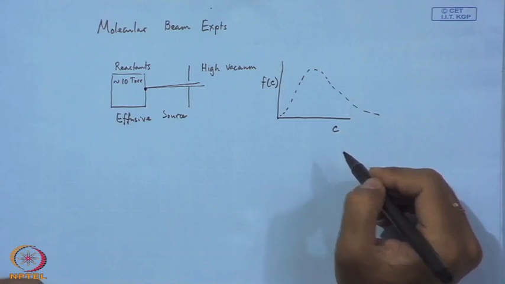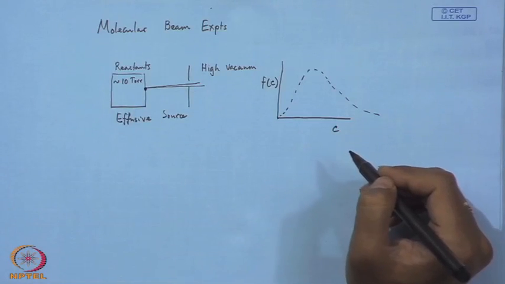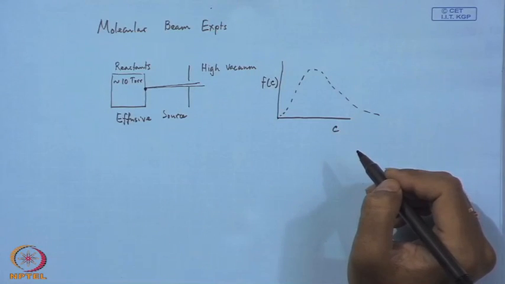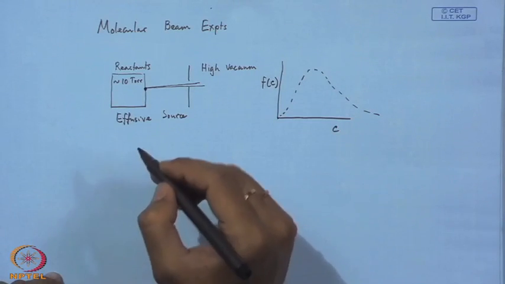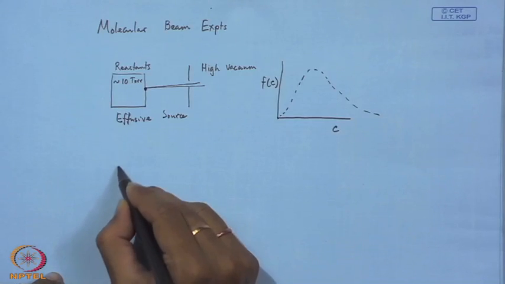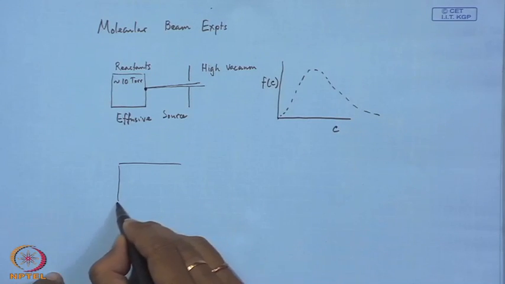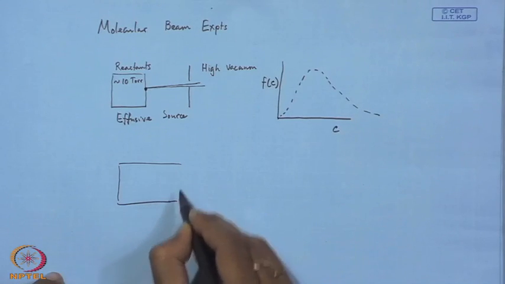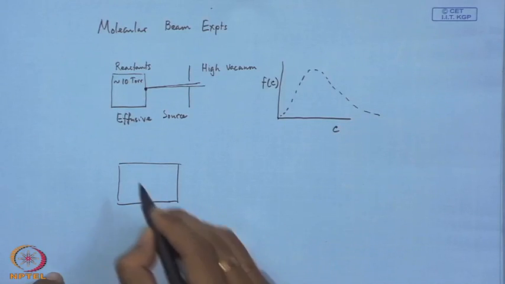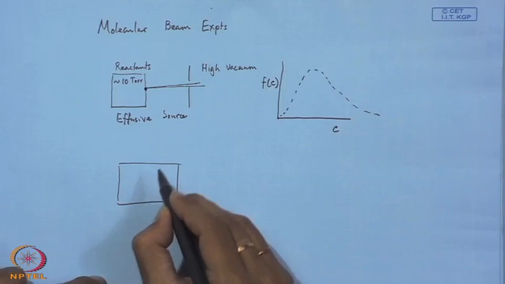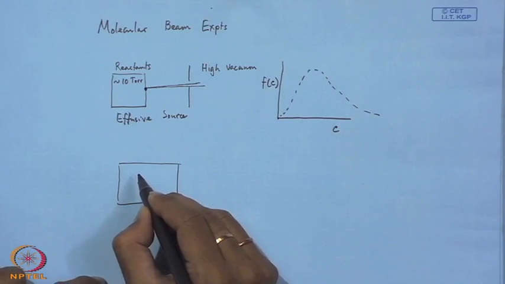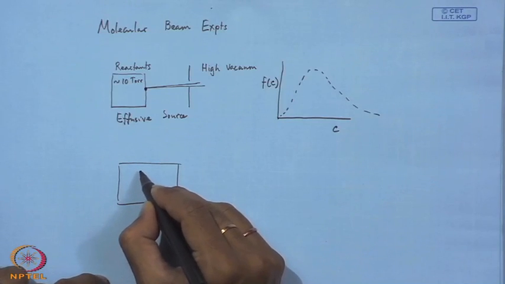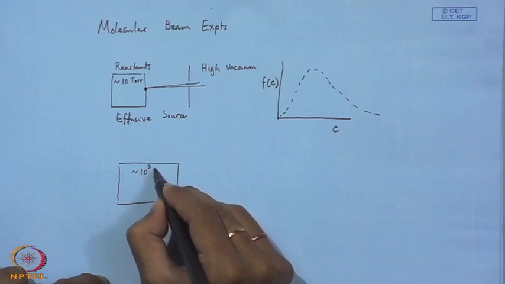Now, another situation could be created, where you have another source in which the pressure is very high, of the order of 10 to the power 3 torr.